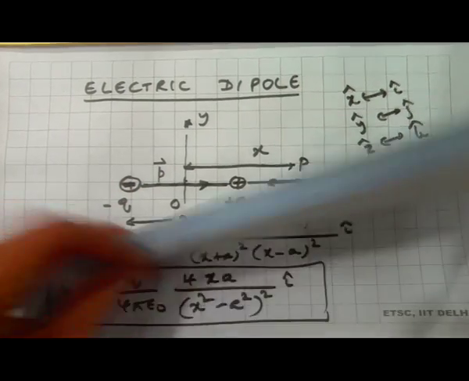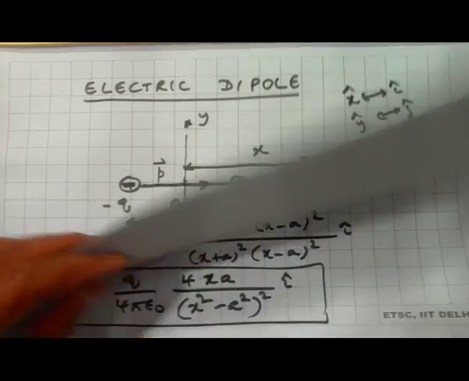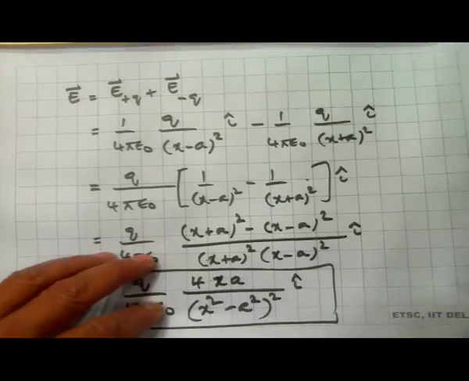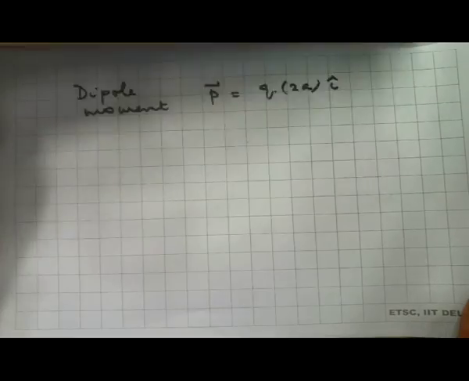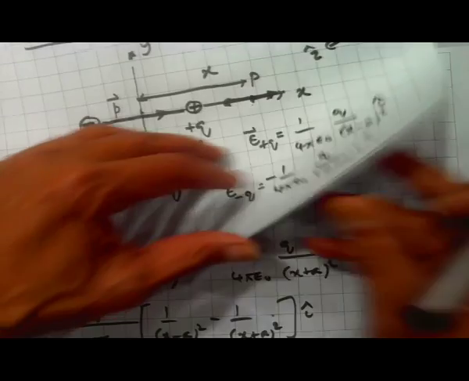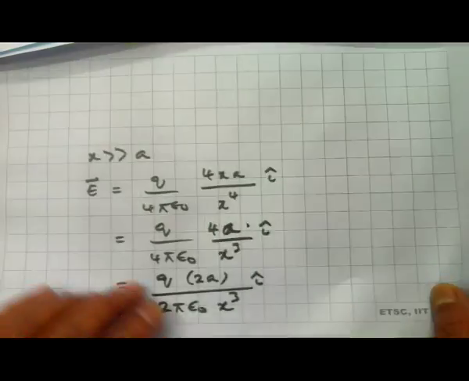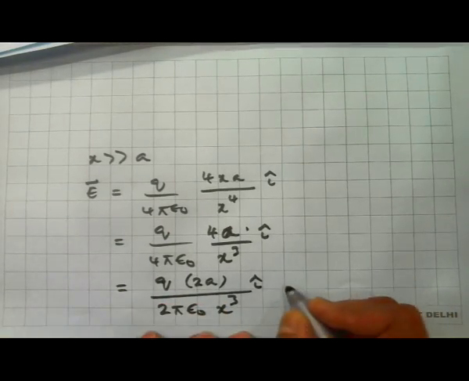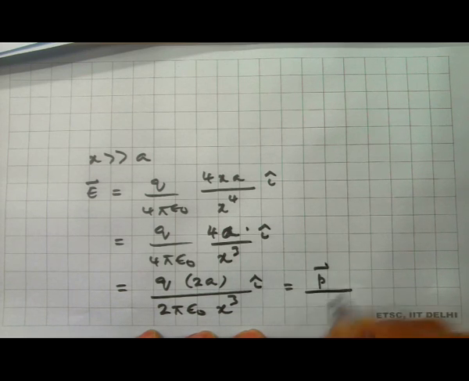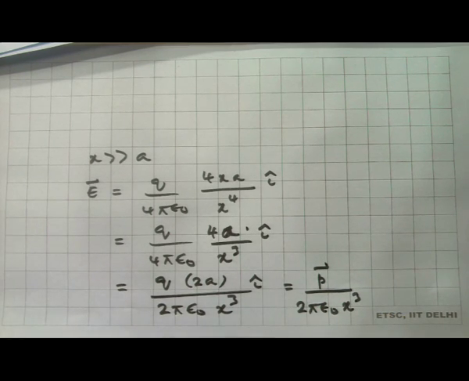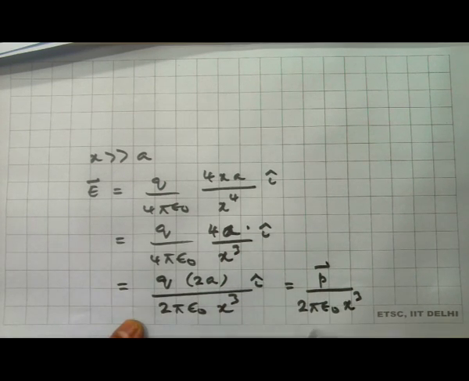Now, a little later I will tell you the importance of these dipoles, but what we have seen here is that the electric field of the dipole keeps on decreasing as you move away from the dipole, and it decreases in the following fashion. So, I can write this as P by 2 pi epsilon 0 x cube, where P is the dipole moment, this quantity Q times 2a times I cap is P vector.